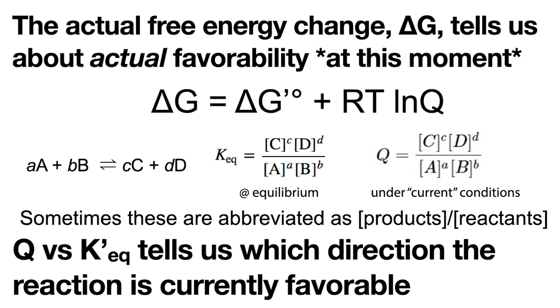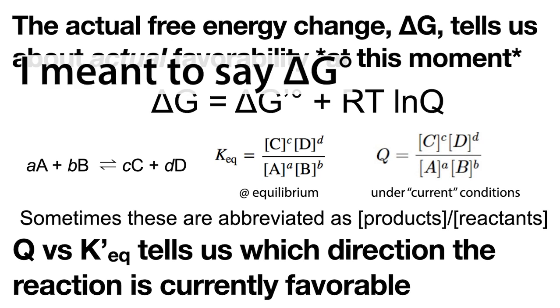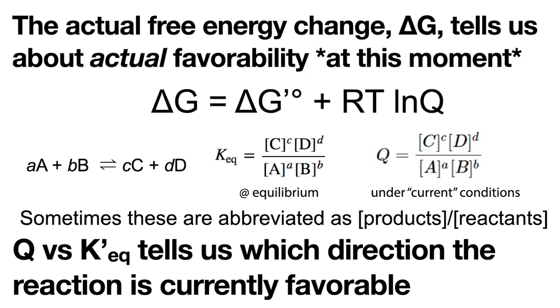We talked about how even if you had a really inherently favorable reaction with a large negative delta G, if you had enough of your products, you would actually drive things backwards. But the bigger that delta G is, the more skewed your concentrations have to be to do that.